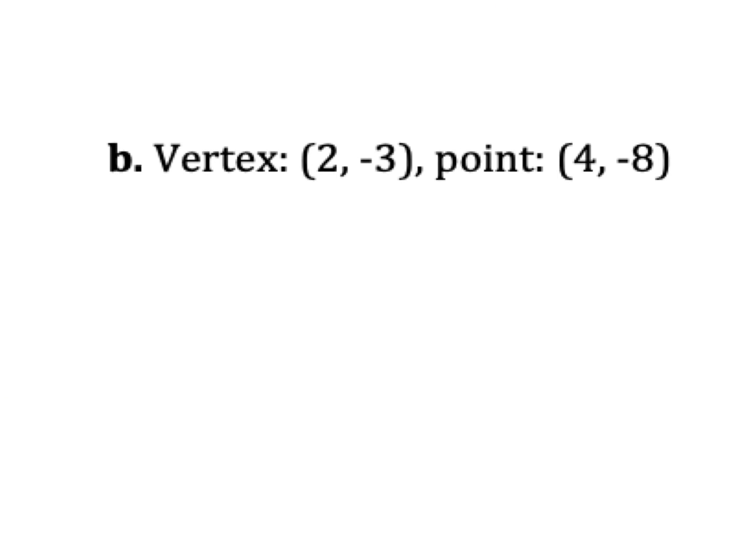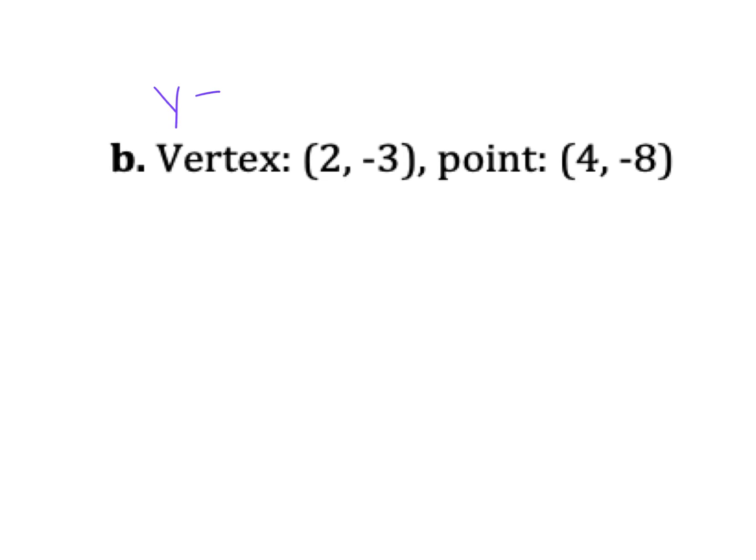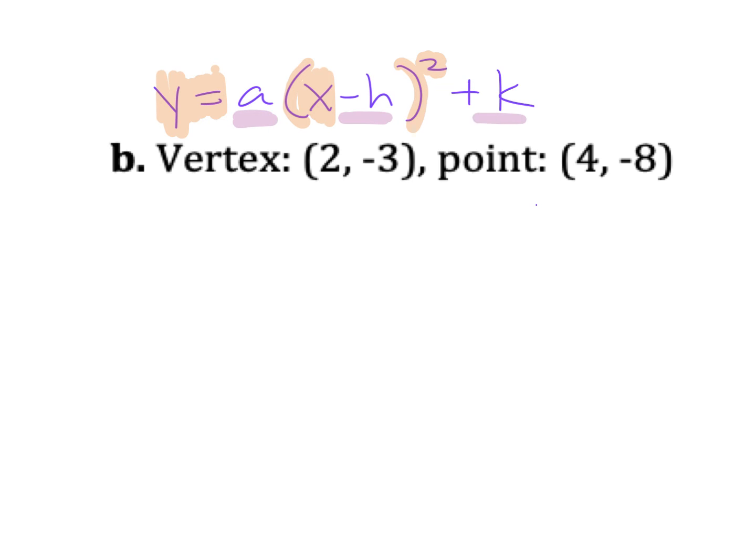You want to try this one on your own? y equals A times x minus h squared plus k. Your final answer needs to keep this and this, all of that and the equal sign should be in your final answer. You're going to replace the A, the H, and the K. All right, let's lay it out.